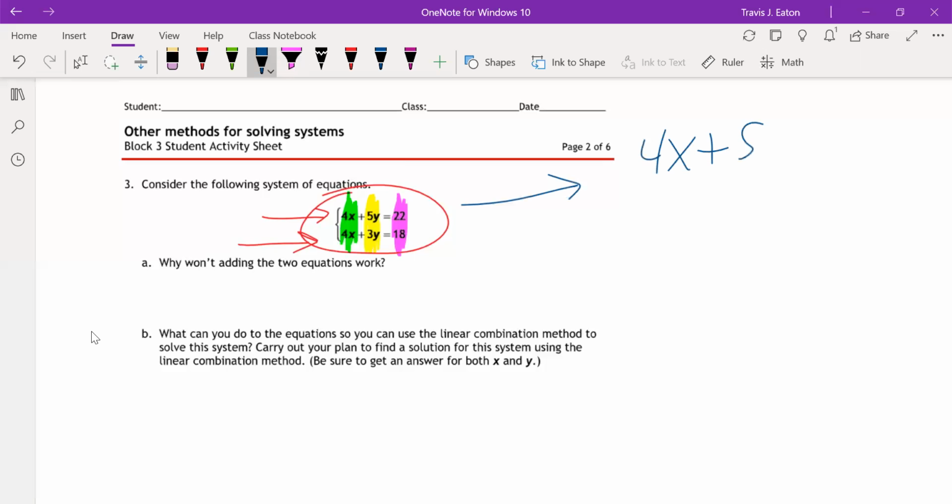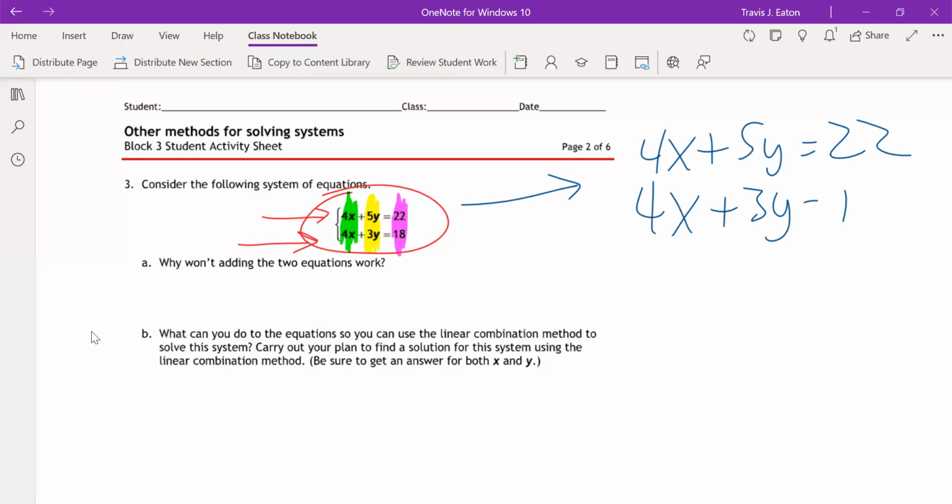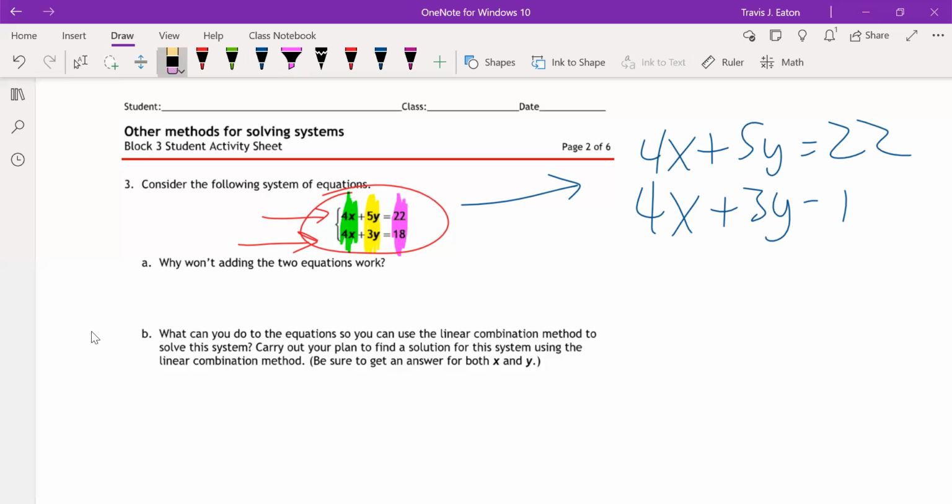4x plus 5y equals 22, and 4x plus 3y equals 18. Now, let's just add those, right?